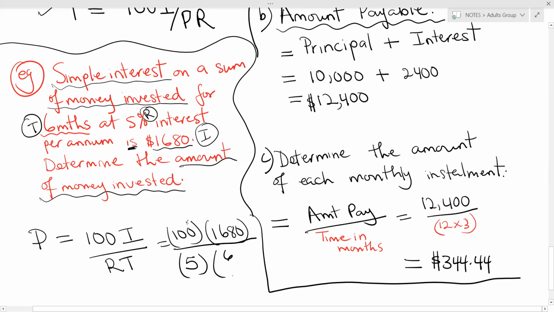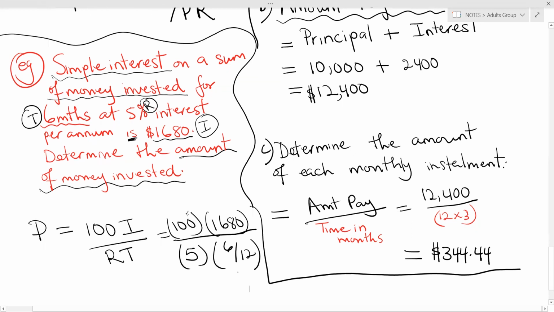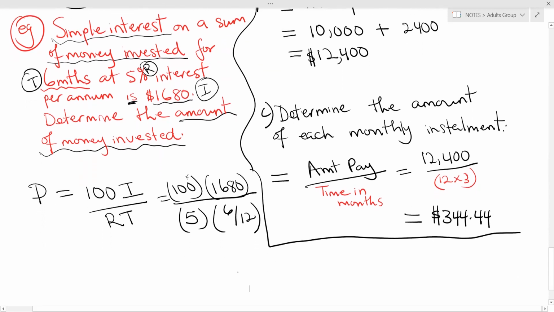So if you put 6 there, that will come across as 6 years, but it's not 6 years, it's 6 months. So once you have months, you put it over 12 to represent 6 out of 12 months, which is a half of a year. Anytime you have months, you put it over 12 so that it will represent the time in years. So let's simplify this.